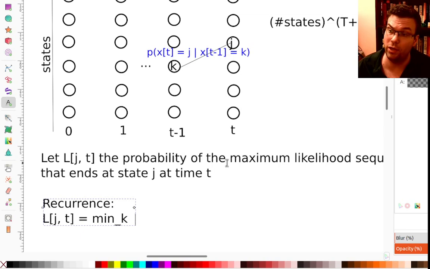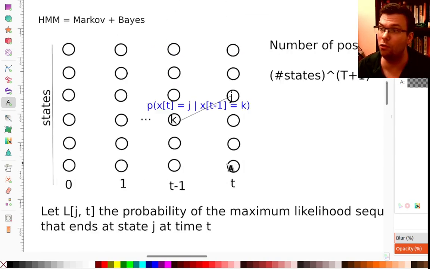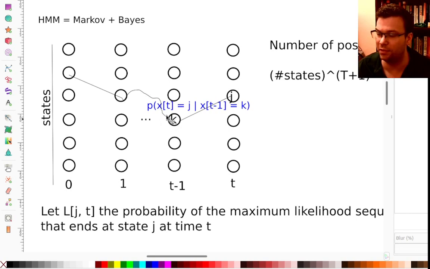I know the probability of the best sequence to get from the start up to this particular place. Who knows what it actually was? It went all over the place, and then it settled here. And somehow I've computed that that's the best path and the probability of it.